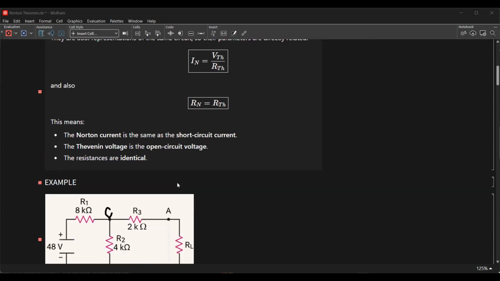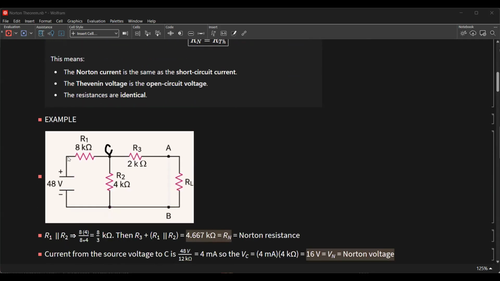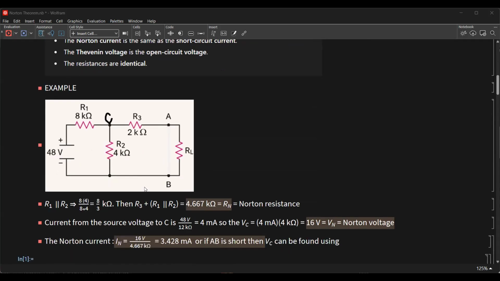The resistances are identical. So here we have to short the 48 volt voltage source, and we also have to short the RL to compute the resistance. For example, here R1 is parallel to R2.